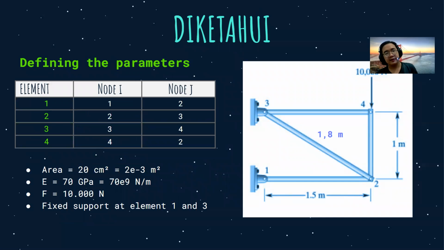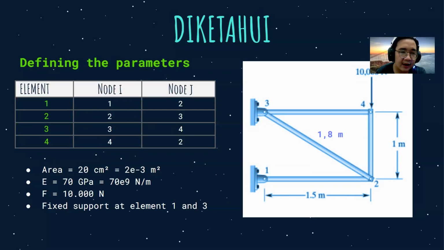So we need to define the parameters. For trusses number 2 and 3, we have to find the length of the truss by using the Pythagorean theorem.